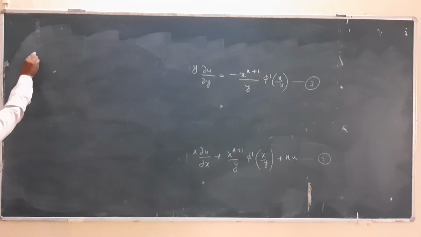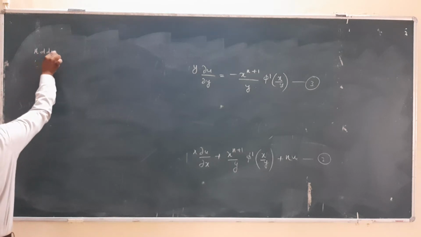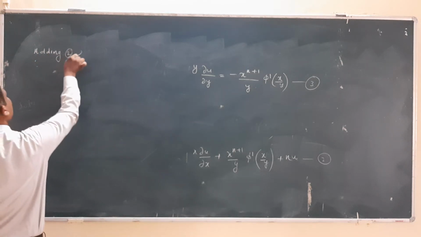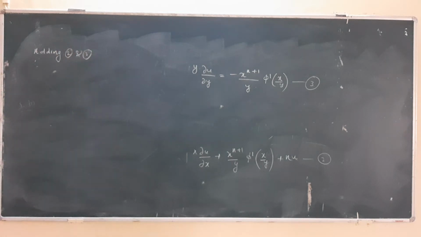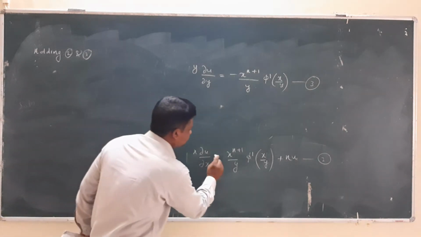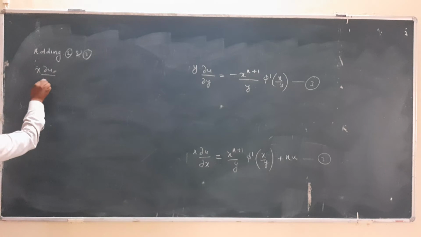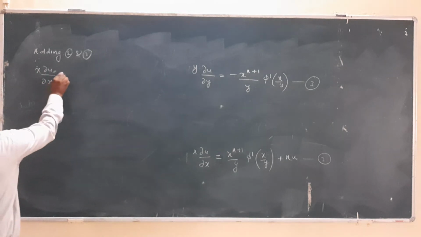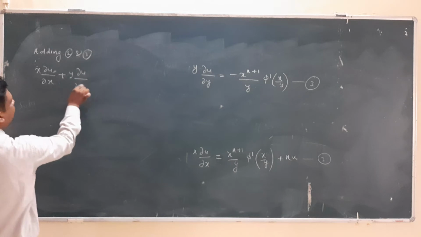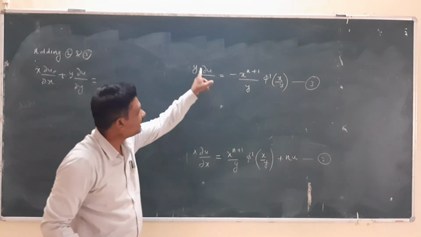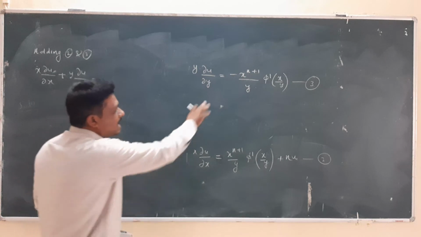So adding equation number 2 and equation number 3, this implies x ∂u/∂x plus y ∂u/∂y is equal to, here I have added the LHS separately, so I will add the RHS separately.